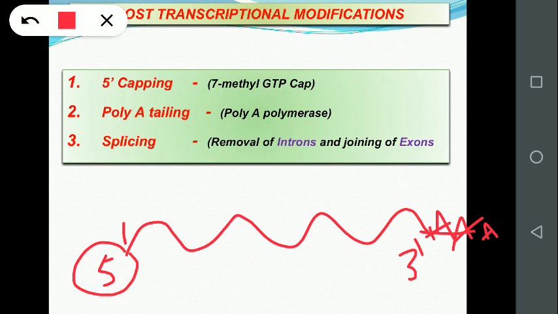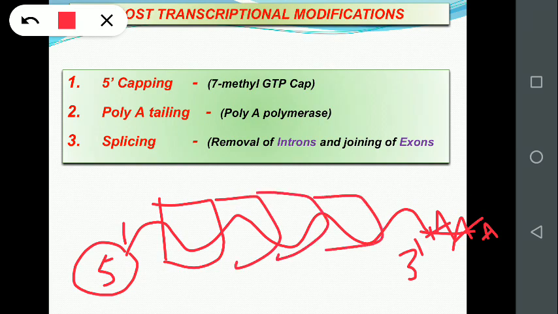And splicing: eukaryotic mRNA contains some coding regions and some non-coding regions, alternatively. So it will have exon, then intron, then exon and intron, so this way it will have different sequences. Exon is the coding sequence which codes the amino acids. Intron is the non-coding sequence, followed by another exon and another intron.